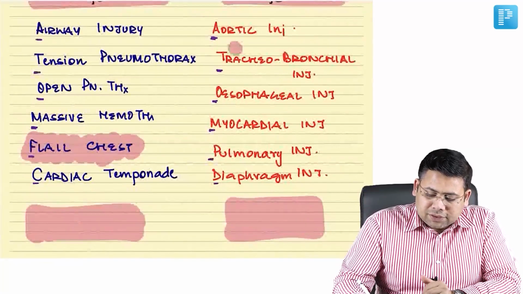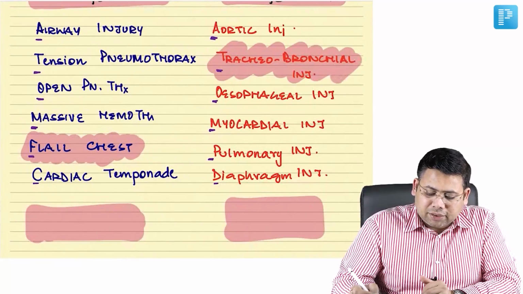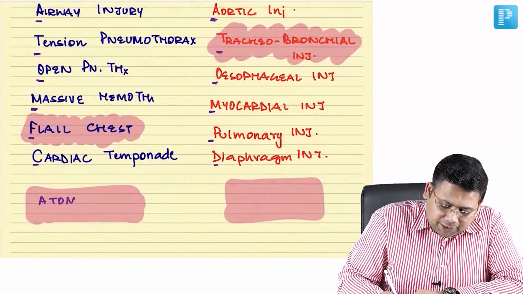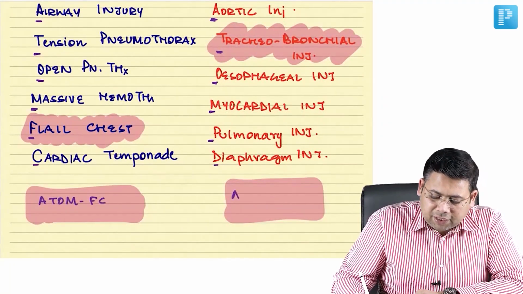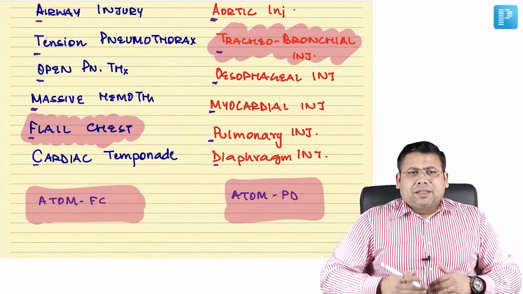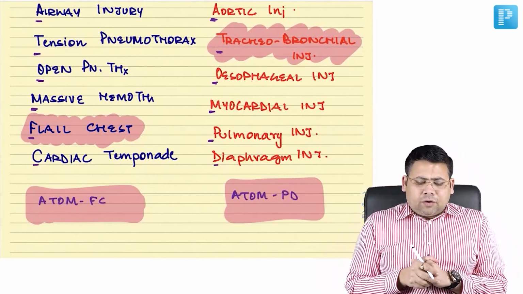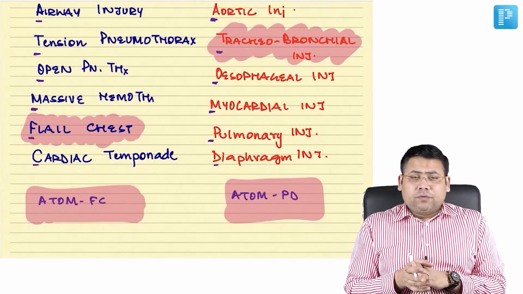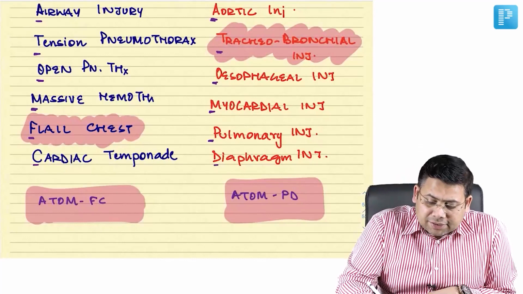What are the controversial topics? This is tracheobronchial injury. Let us see all of them one by one. But before, let us start with this controversy. What is a controversy? Let us clear this off.